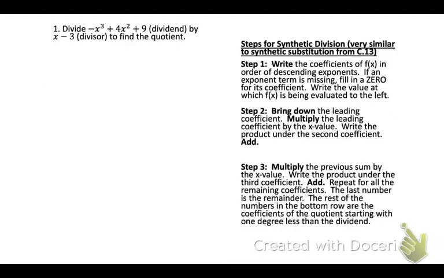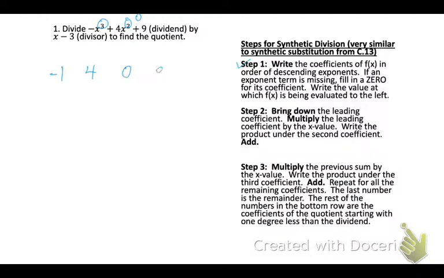So number 1 says divide negative x cubed plus 4x squared plus 9 by x minus 3. The first is the dividend and the second is the divisor. So we can use synthetic substitution, but we're going to use it for division. The first thing we do is pull the coefficients of our dividend, what we're dividing, and put them in our space.